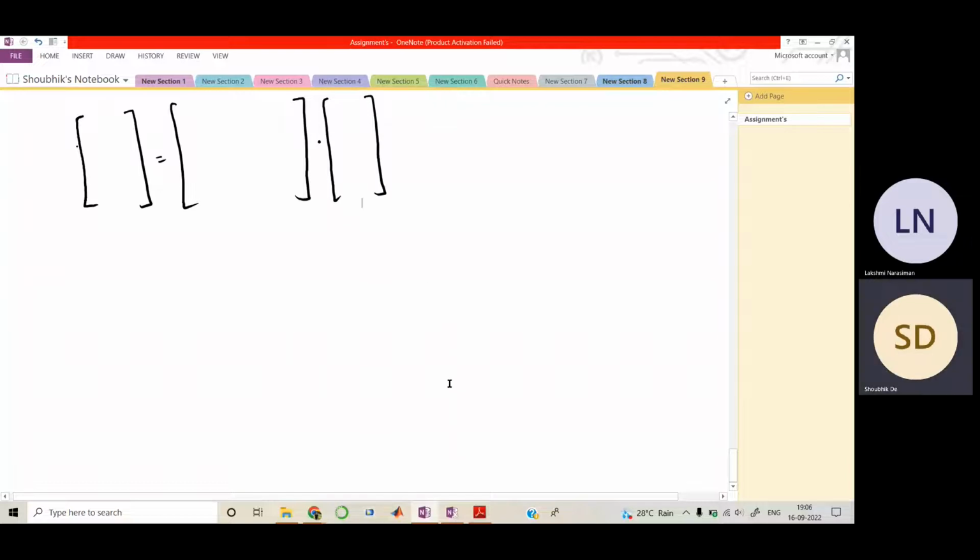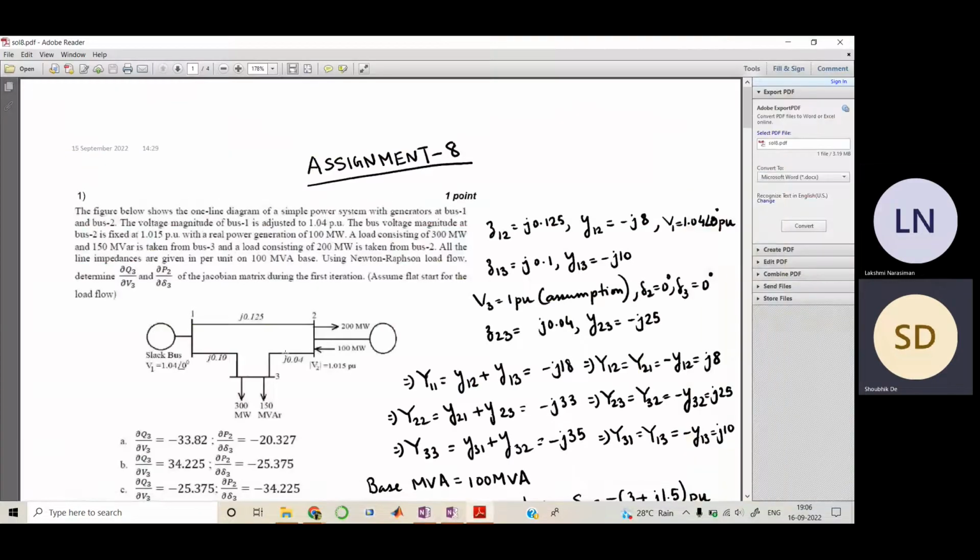For our analysis we have to consider buses 2 and 3, because the slack bus is 1, so it's out of our consideration. What is known at bus 2? The real power and the voltage. What is unknown? Q and delta.